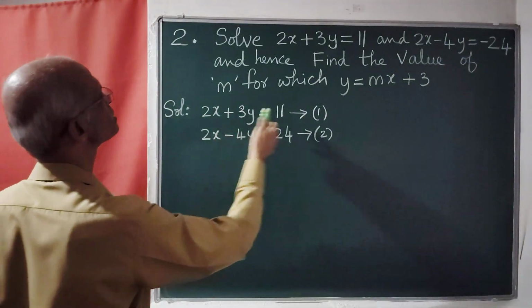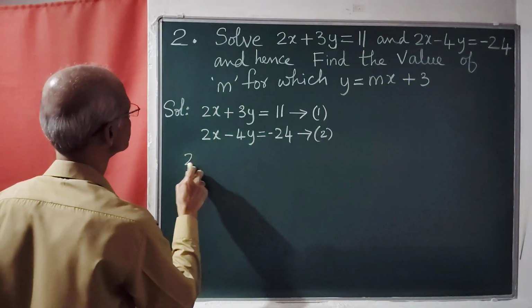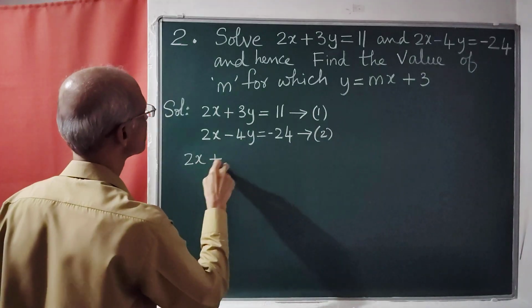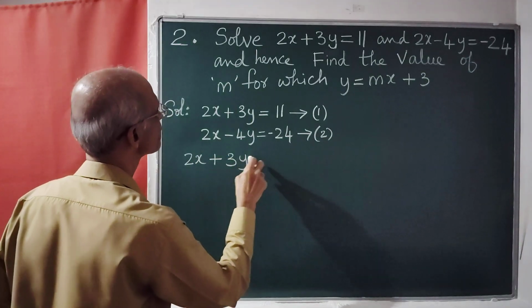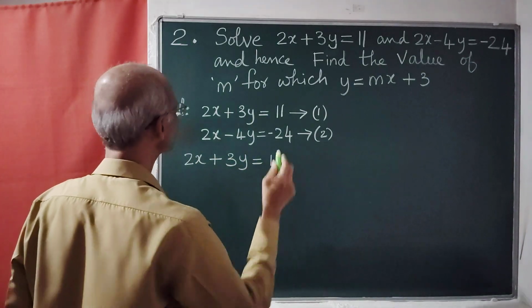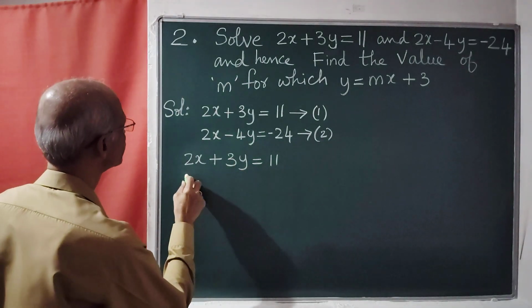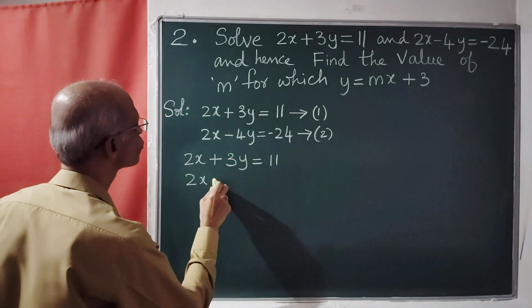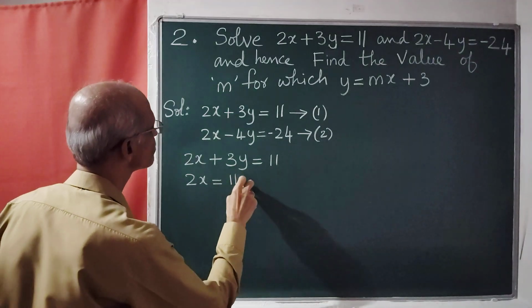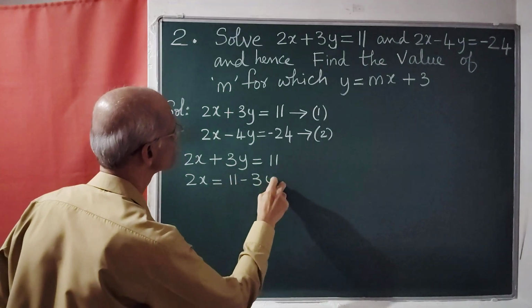Now I will take the first equation. I will transpose 3y to the right side. 2x is equal to 11 minus 3y.